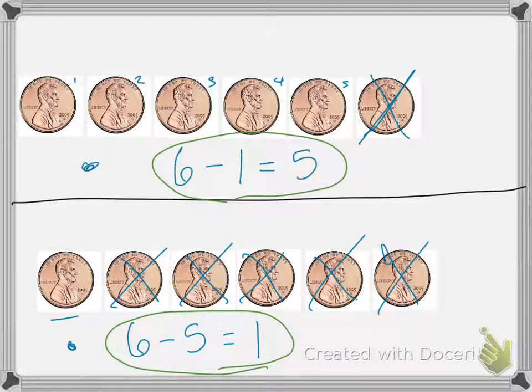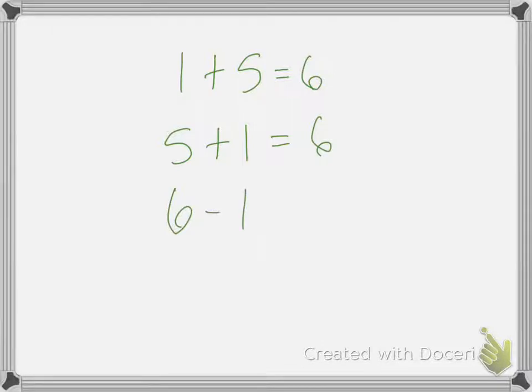Okay, so if we look at all 4 equations or problems, I had 1 plus 5 equals 6, and then 5 plus 1 equals 6, and then I had 6 minus 1 equals 5, and 6 minus 5 equals 1.